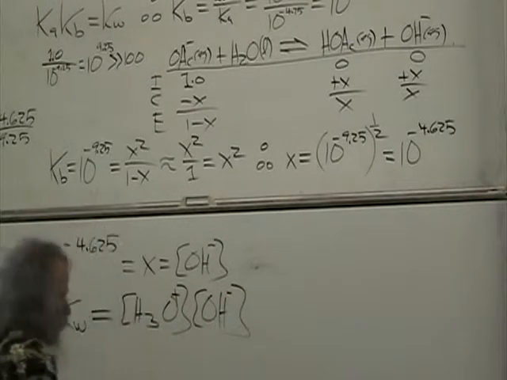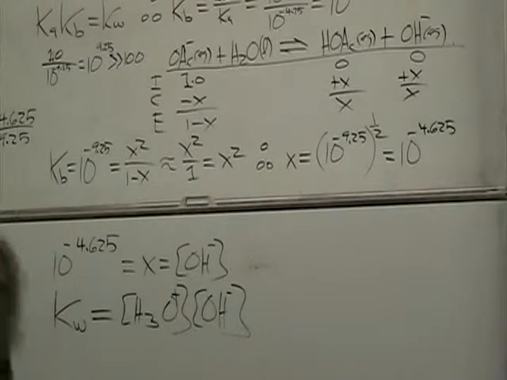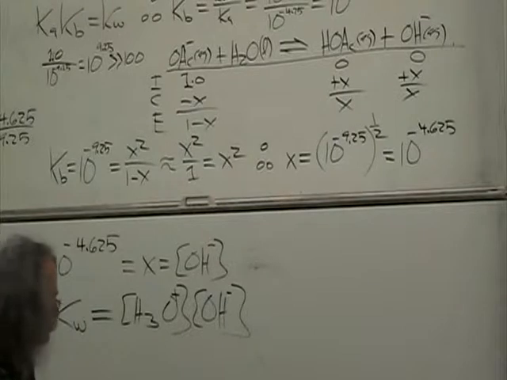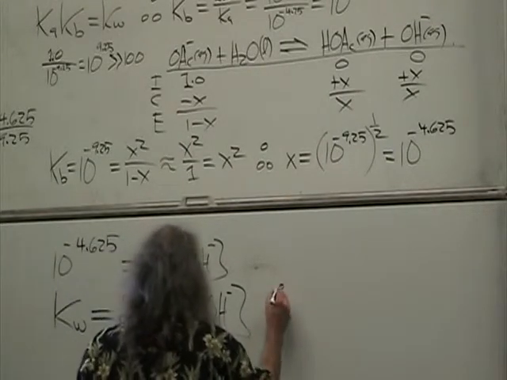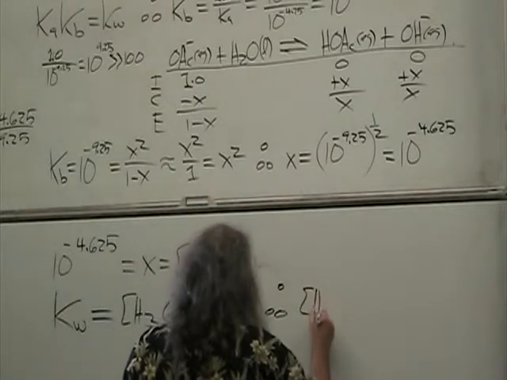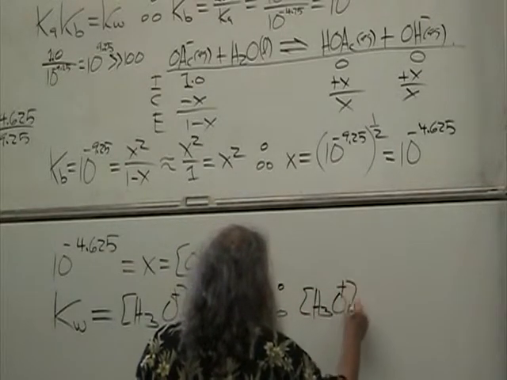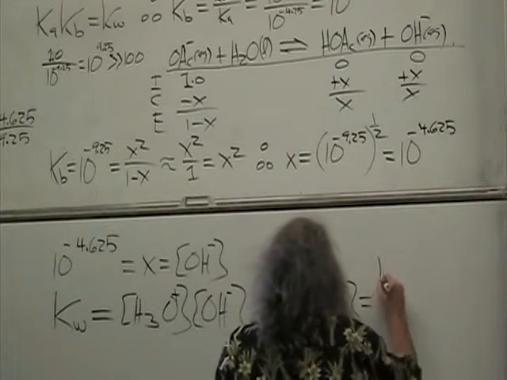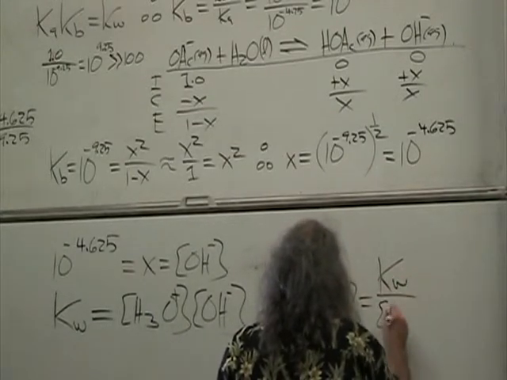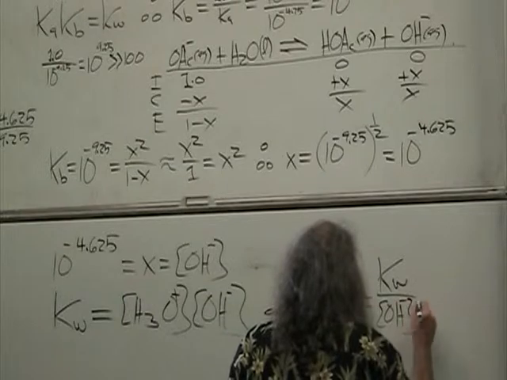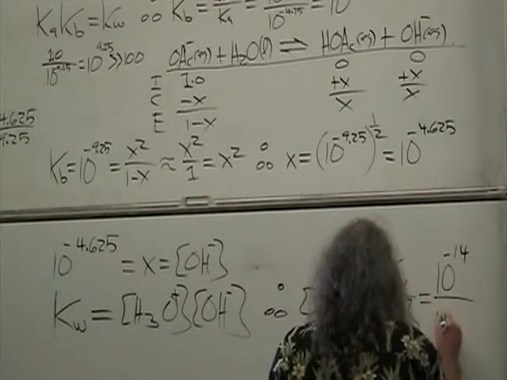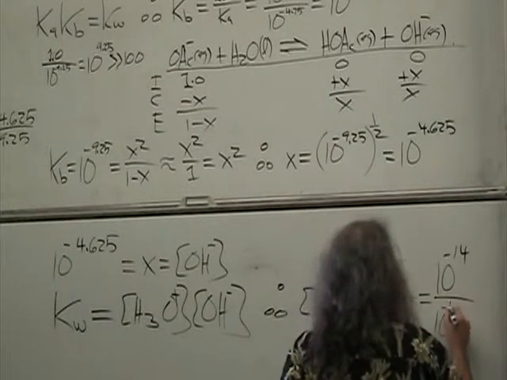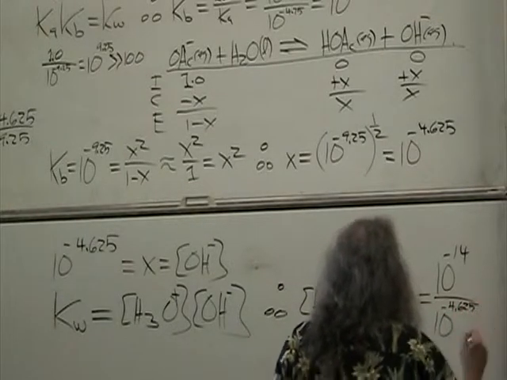This one's my favorite, but it's equivalent to simply finding pOH and subtracting it from 14, which I'll talk about in a minute. So the hydronium ion concentration is equal to Kw divided by the hydroxide ion concentration, equals 10 to the minus 14 over 10 to the minus 4.625.